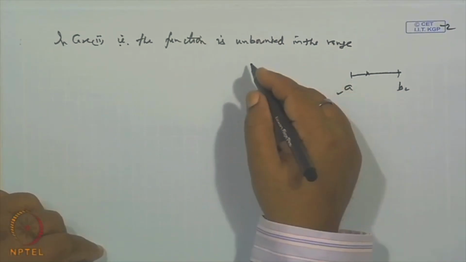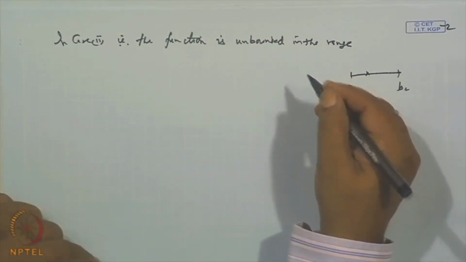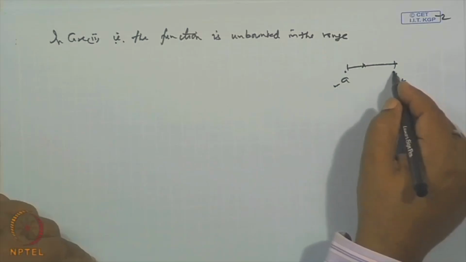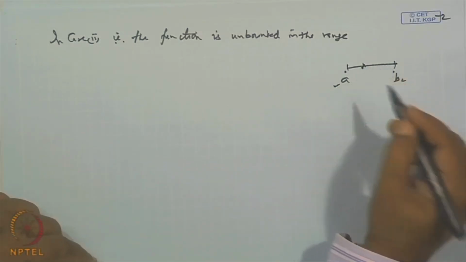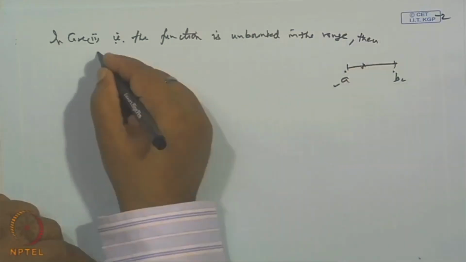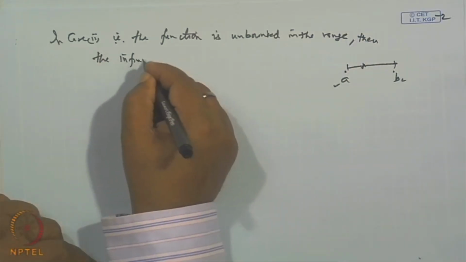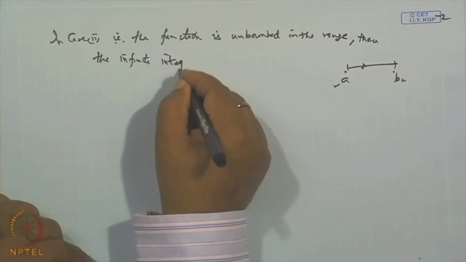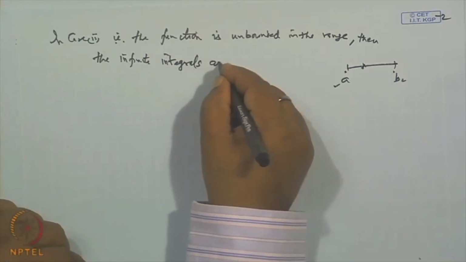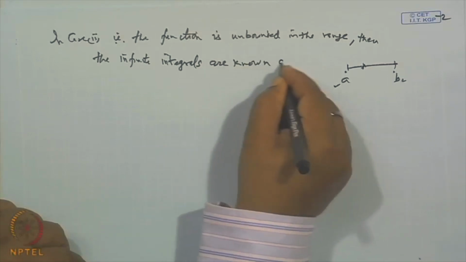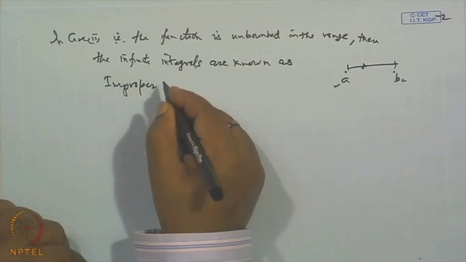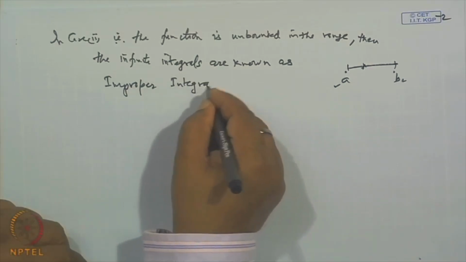So the function becomes unbounded, a discontinuity of the first kind, at either the lower limit, the upper limit, or any point in between. If the function is unbounded in the range, then the integrals are known as improper integrals of the second kind.